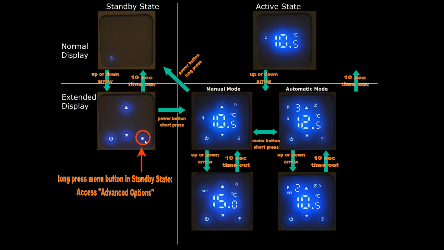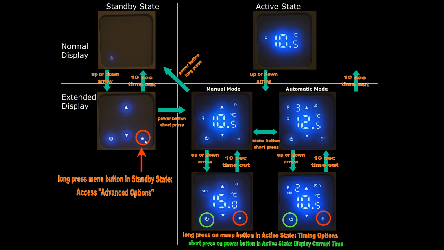And if we do a long press of the menu button when we're in the active state, that allows us to access the timing options, which include setting the current time of day on the internal clock, setting up the programming of the thermostat temperatures for the different periods of the day, or setting up something called holiday mode. A short press of the power button in this state will temporarily display the current time of day.